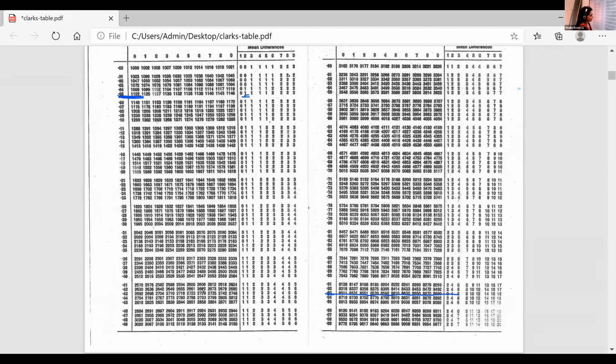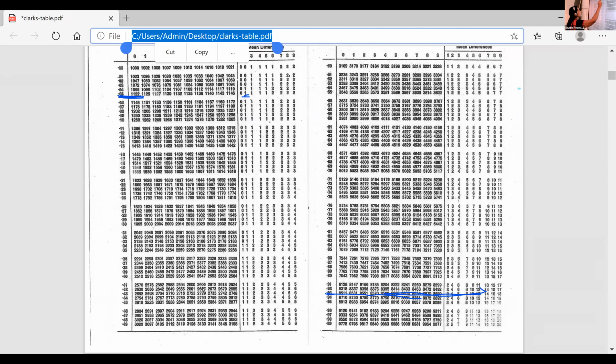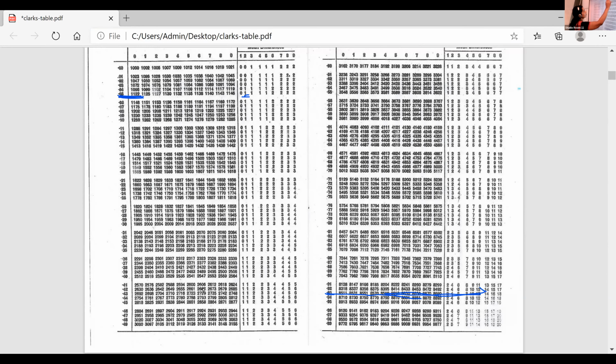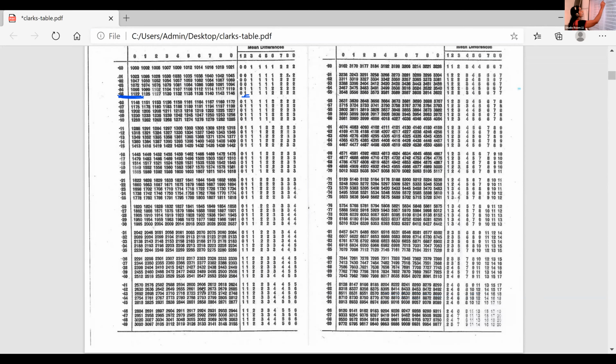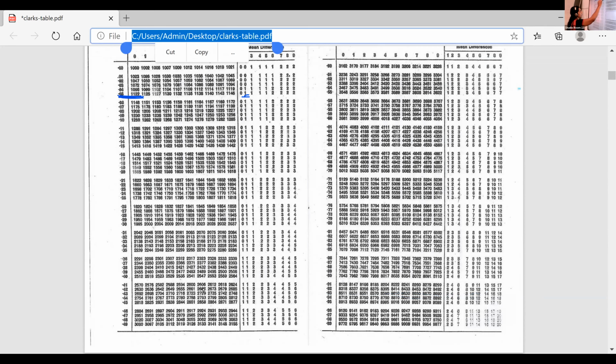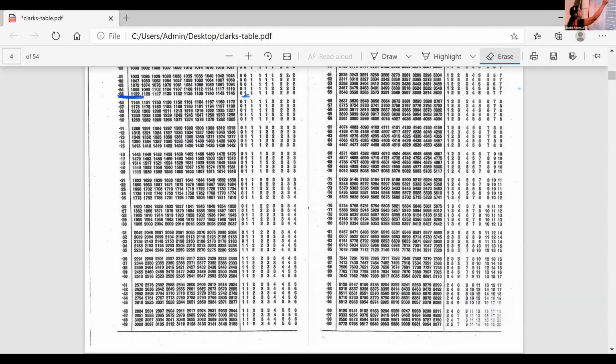What is the answer? Now check the value, children. What is the value? Point 93, isn't it? 0.93.